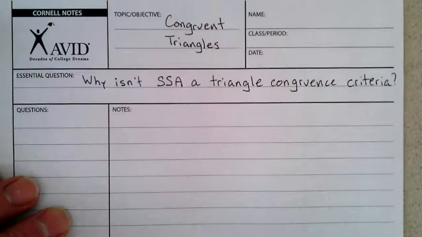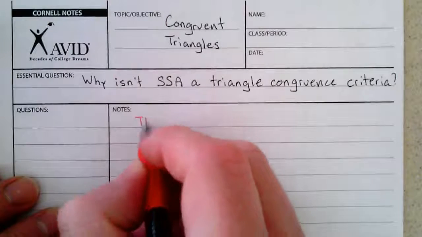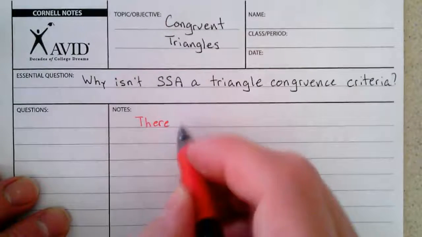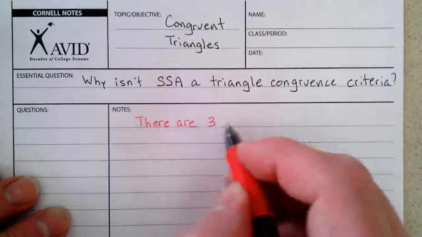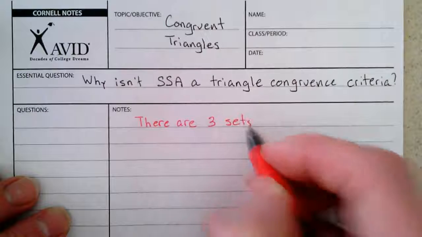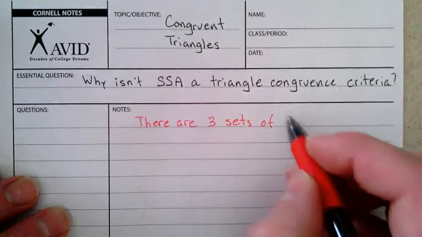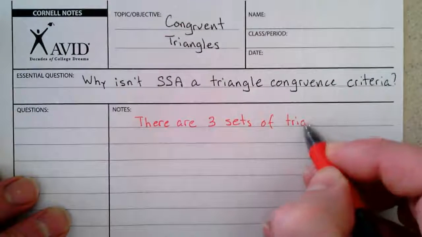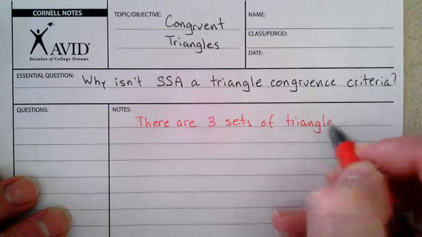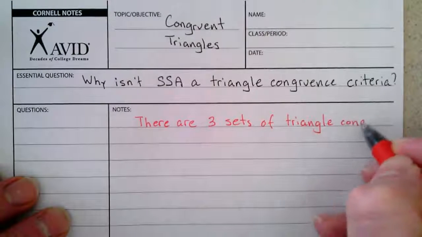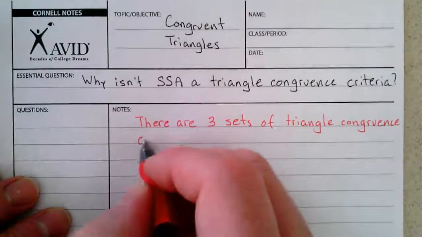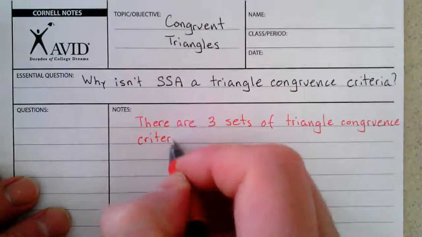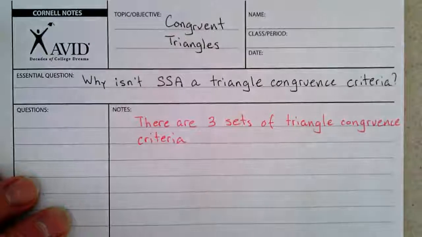So, just as a recap, we'd say there are 3 sets of triangle congruence criteria.